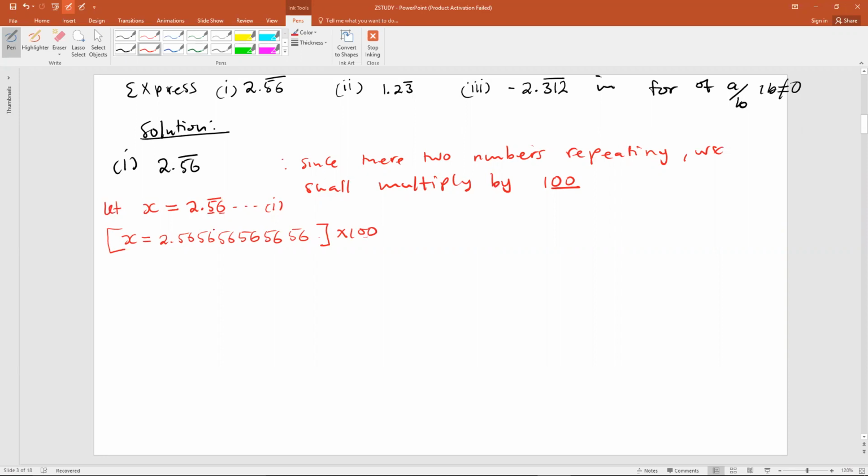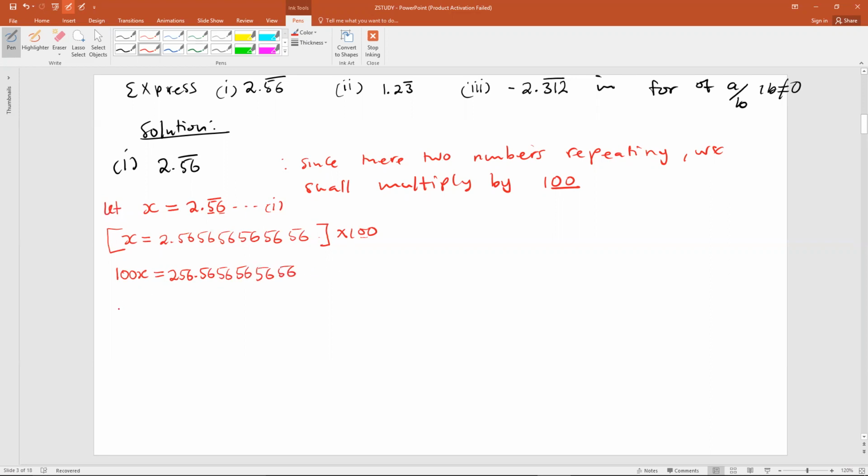So this whole expression you multiply by 100 so that you can get 100x is equal to 256.56, 56, 56, 56, 56, and so on. So this is what you have.